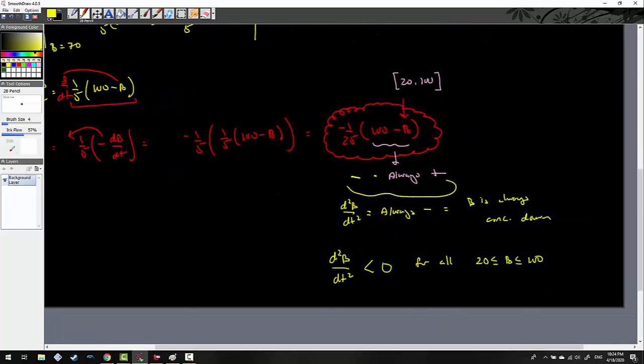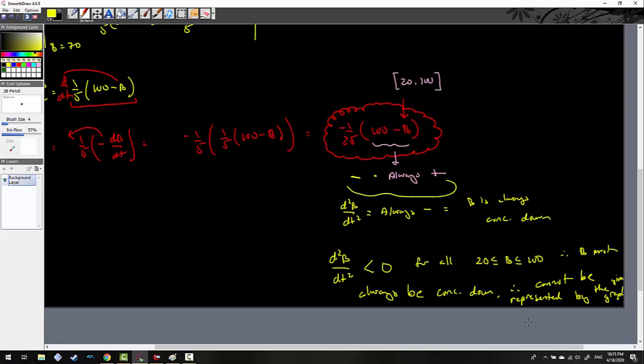And then we can say, therefore, B must always be concave down, and therefore cannot be represented by the given graph. I'm running out of space.